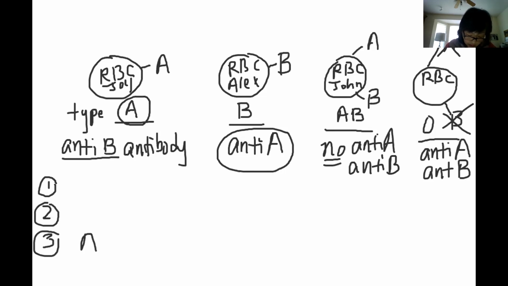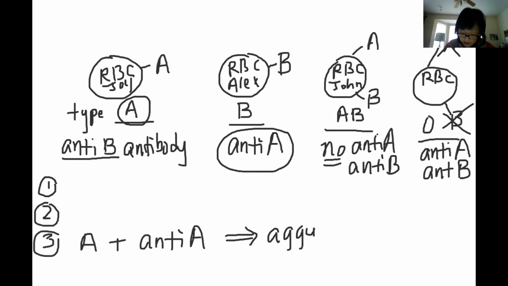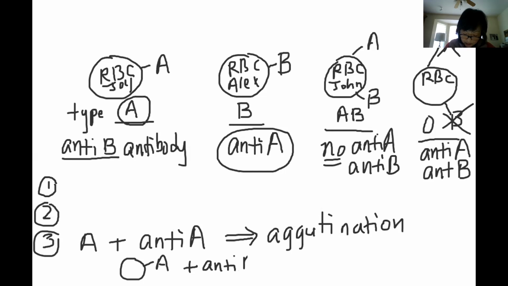antigen only reacts with specific antibody. So only anti-A antibody reacts with A antigen. This reaction will cause a process called agglutination, that means forming clumps. So if I draw this, that's like a RBC with A antigen reacting with anti-A antibody.